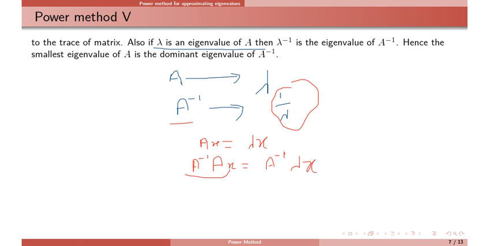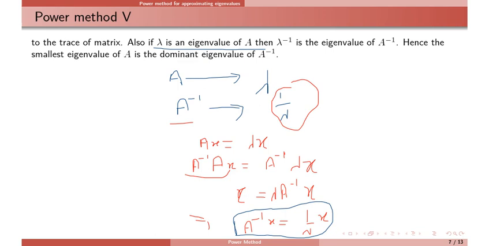So you get x only here, and on the right hand side A inverse will apply on the vector, and you can take lambda outside. So this is A inverse x, and you can divide by lambda if it is non-zero. So 1 by lambda x. So you are applying A inverse on x, and you get x multiplied by 1 by lambda.